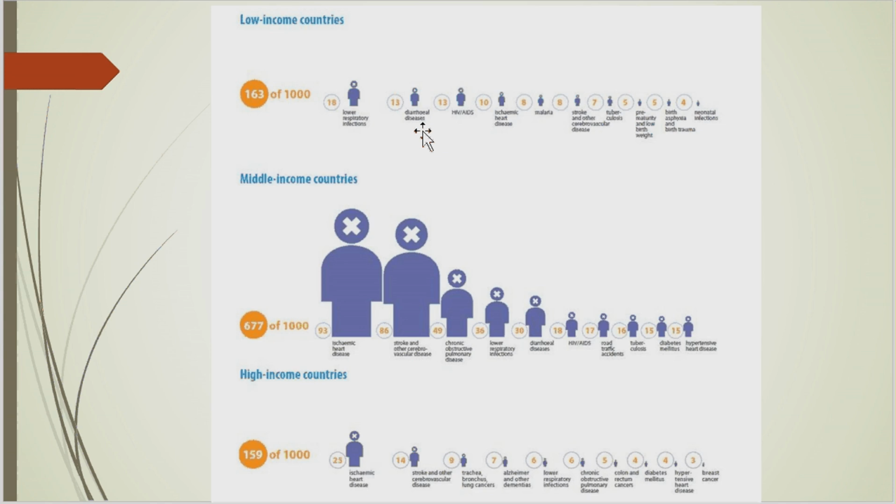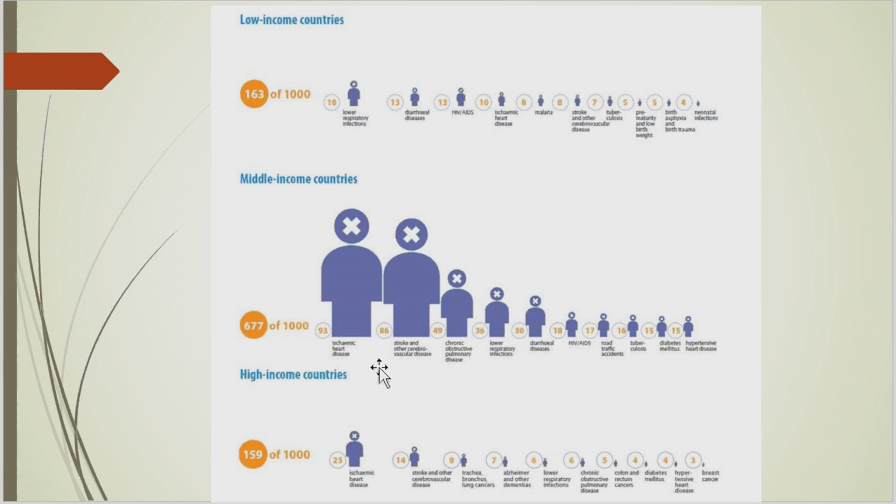Cholera. Things which really cause you to have to go to the toilet a lot. Also, HIV/AIDS is a very important killer in low-income countries. And then down here we have heart disease. And malaria rounds off the top 5. Okay, and you can take a look at some of the other ones there.